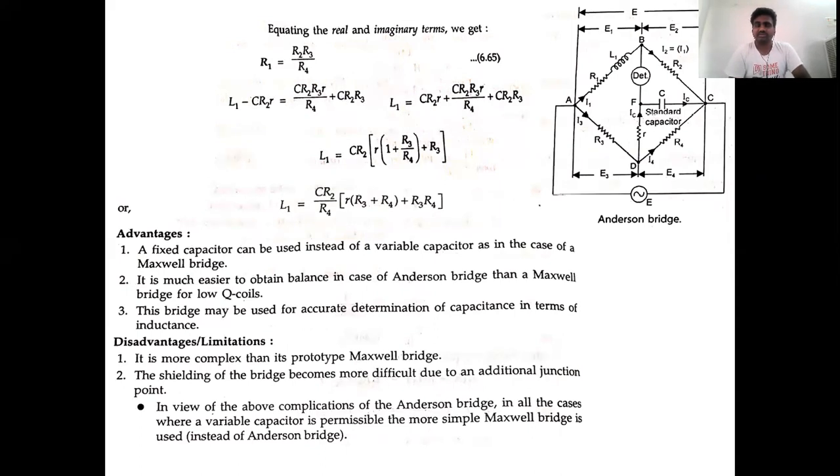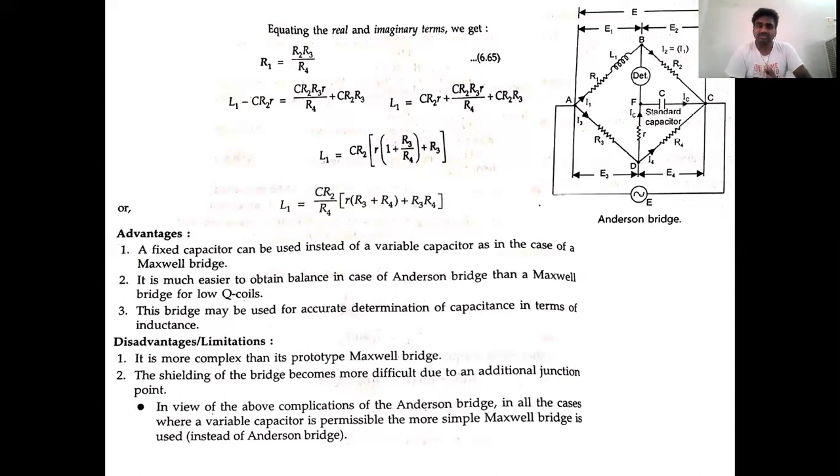Okay, so if we see the elements here, what are the main advantages? A fixed capacitor is used instead of a variable capacitor. In Maxwell's bridge, a fixed capacitor is connected in parallel with a resistor. In Hay's bridge, we connected the fixed capacitor in series with a resistor. In this concept, we have used a standard capacitor, that is nothing but a variable capacitor.